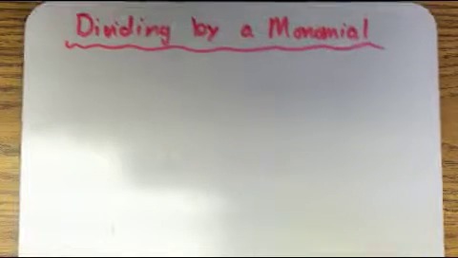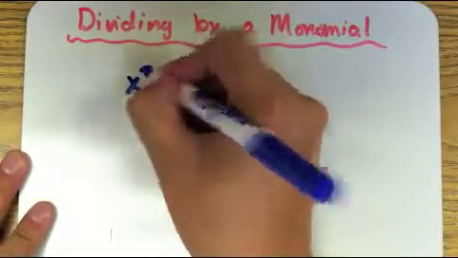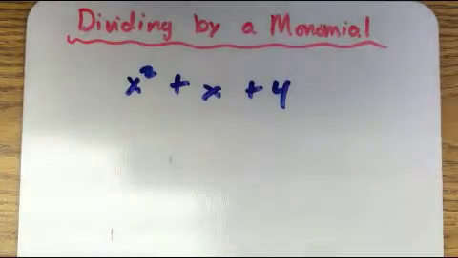Okay. Let's talk about terms real quick. I said dividing by a monomial. Remember, terms are separated by subtraction signs or addition signs. So a lot of our problems today are going to be trinomials. So what does that mean? Well, they're probably going to look something like this. Okay, plus x plus 4. I just made that up, okay?